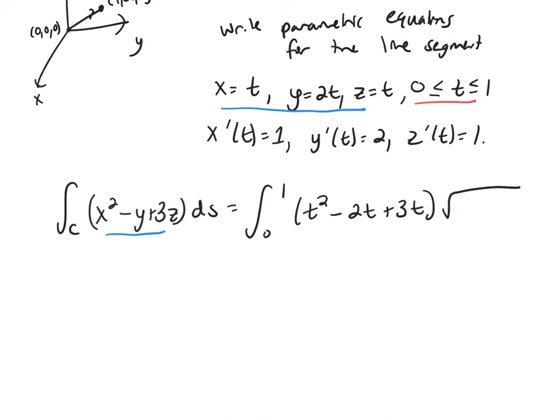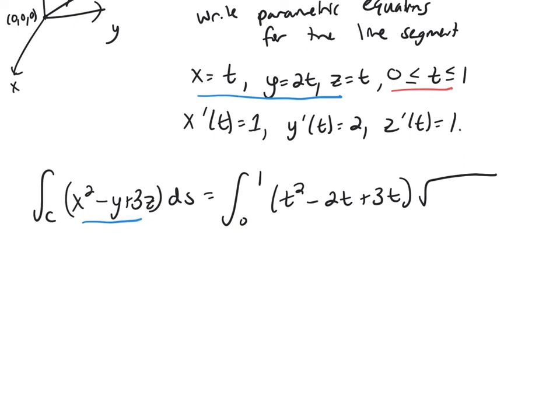And then ds, remember, is the square root of 1 squared plus 2 squared plus 1 squared. Well, that's the square root of 6, which I can go ahead and pull out. This is t squared plus t.